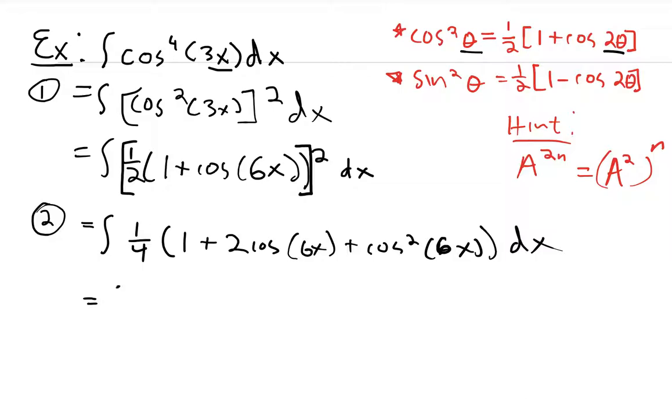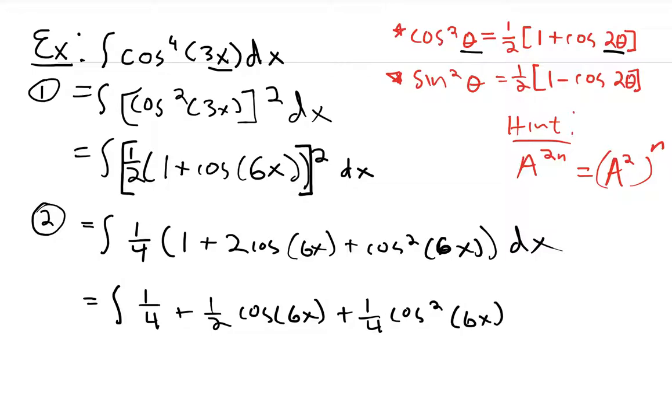Okay, if I do this, I have a 1/4 plus a half cosine of 6x because of my 1/4 and 2. I also have a 1/4 cosine squared of 6x. I've simplified this about as much as I can. I can't combine anything else much further.